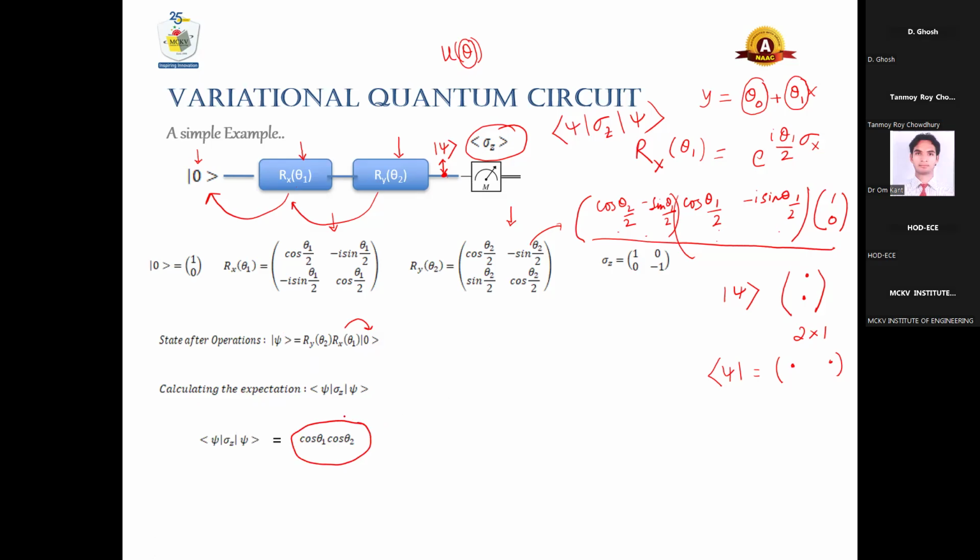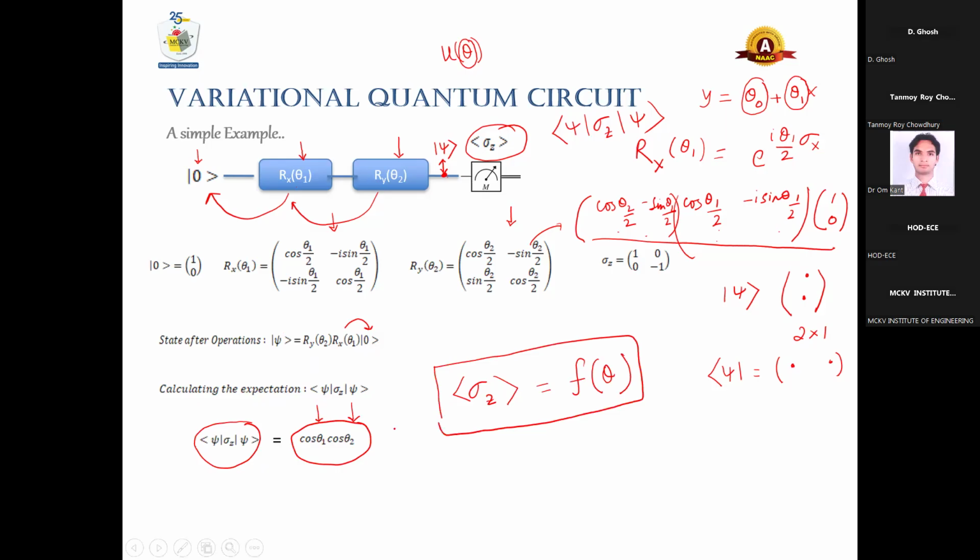The expectation, that is the measurement that you are getting, is dependent on theta 1 and theta 2. That is, the measurement of sigma z, or whatever measurement that you are getting, is a function of the thetas. So this is your outcome, the outcome of your variational circuit.